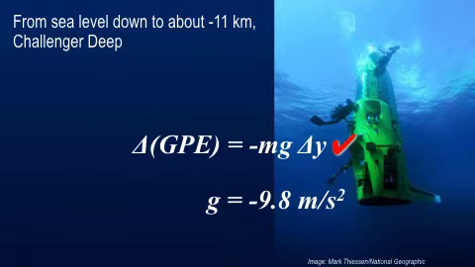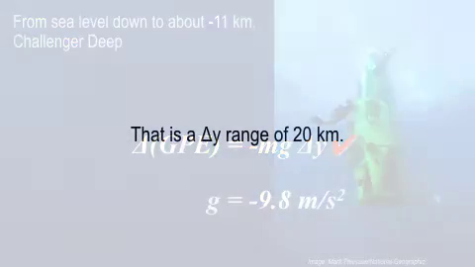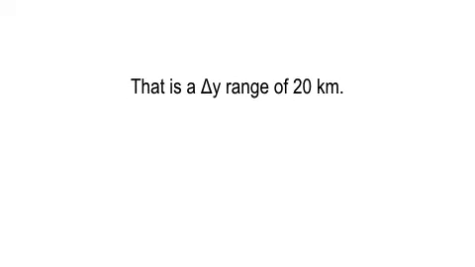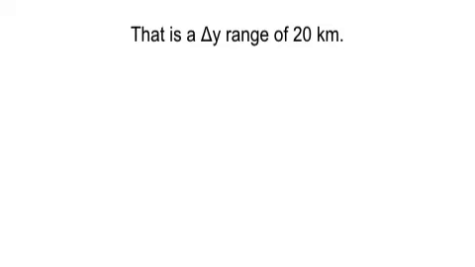But yeah, that gives you a delta y range of about 20 kilometers, so about 9 above, 11 below sea level. It's 20 kilometers. And we're going to use that distance range in some of our diagrams here.